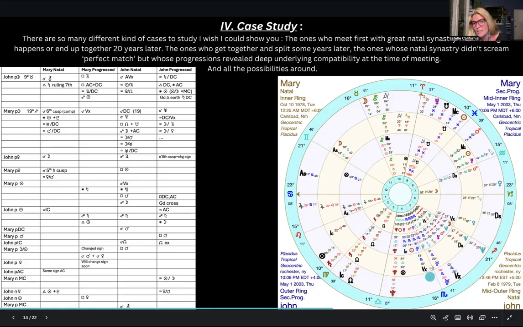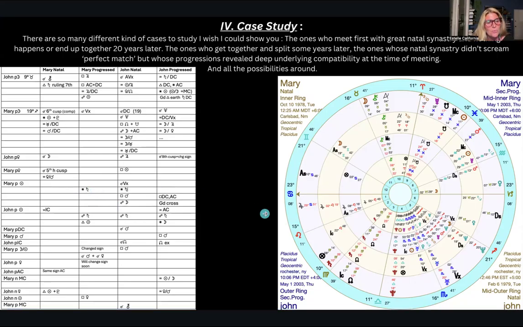Look at that here. You see them together. Then her progressed Sun sextiles her progressed Saturn. Progressed Sun at 11, progressed Saturn at here, exactly. It's close to all of them, but especially this one. Then it squares John's natal Mars. Look at that. 11 degrees, and we have 13 degrees. So now we have a 2 degree orb.